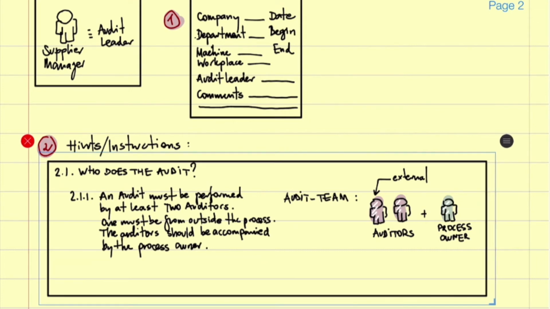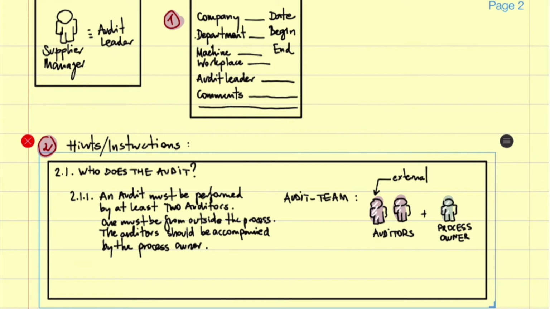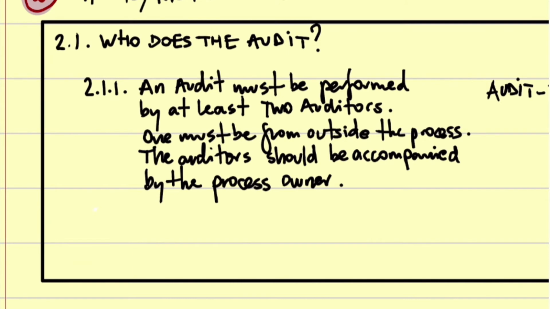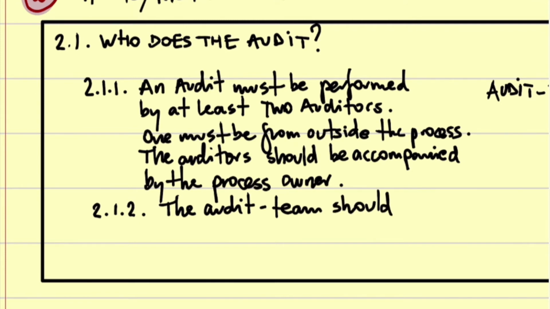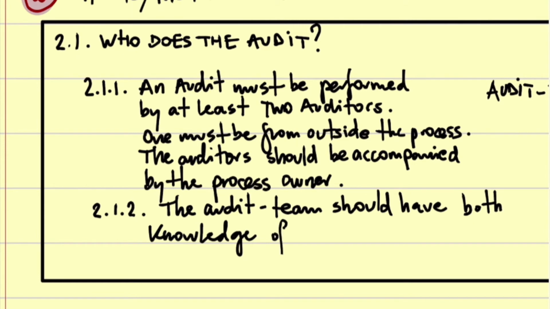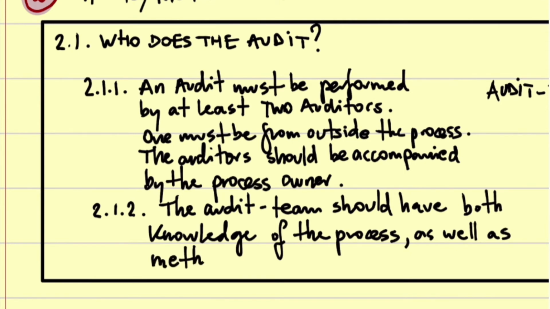And then the second thing that is important to know, 2.1.2, is that the audit team should have both knowledge of the process as well as methodological auditor knowledge.